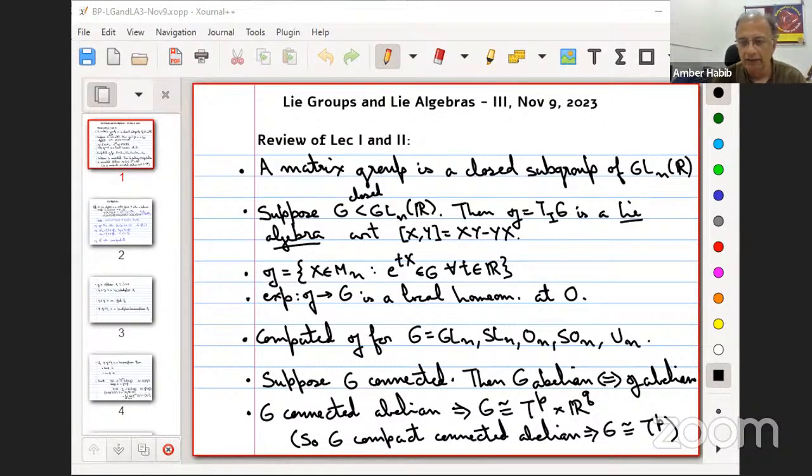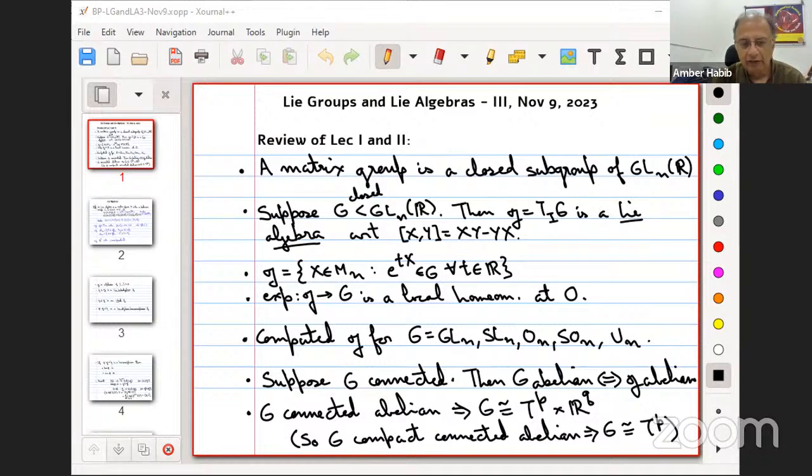So we had that characterization in the last lecture, and we saw some applications. Another part of this characterization was that due to this, the exponential map now goes from the Lie algebra to the matrix group. And by calculating its derivative or by working directly with its power series expansion, you can see that it's a local homeomorphism at origin.